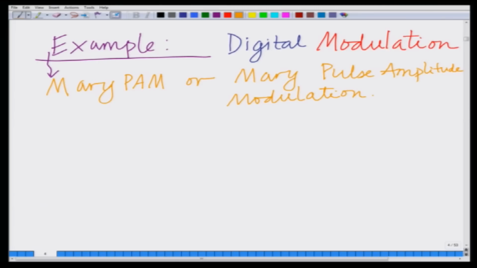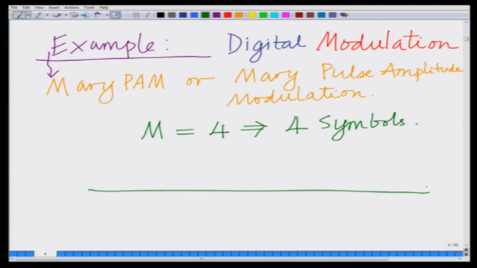For instance, let us choose M is equal to 4, which implies basically that there are 4 symbols. These symbols are equally spaced on a line.